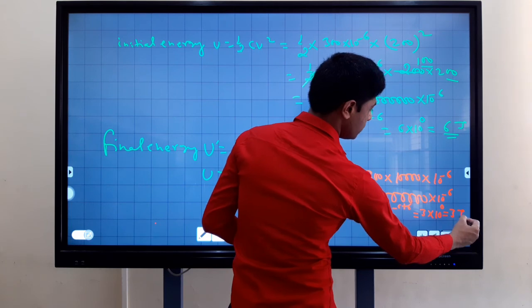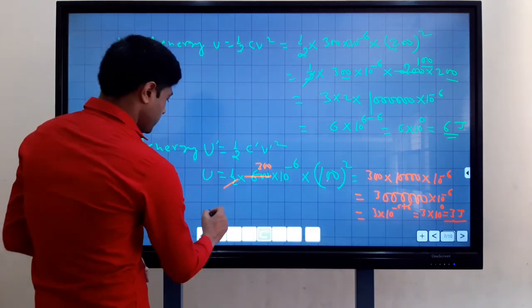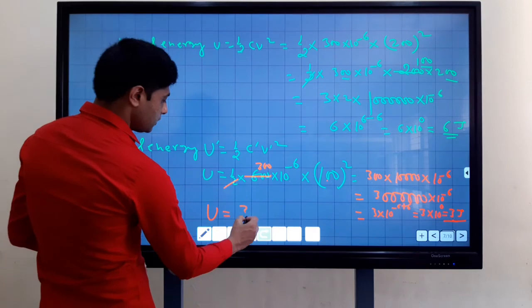It means 3 joule. So the final energy U dash equals 3 joule.